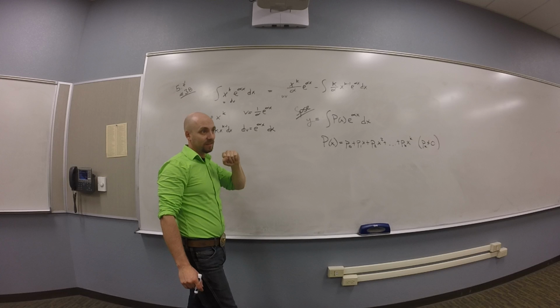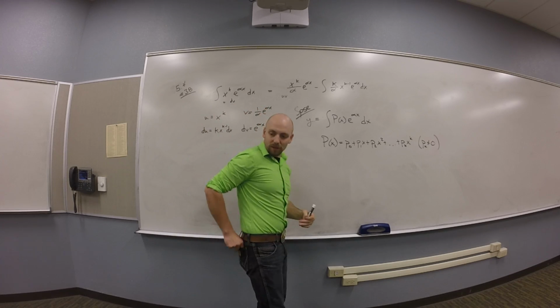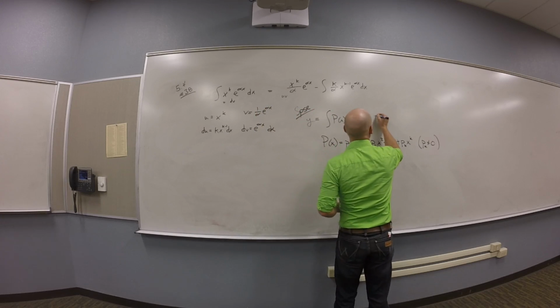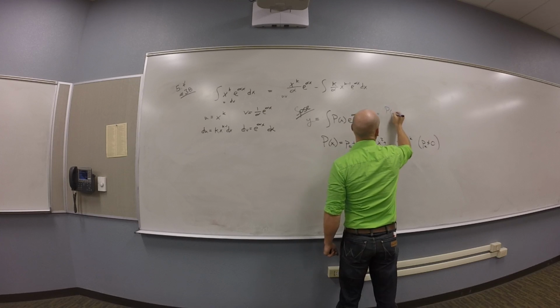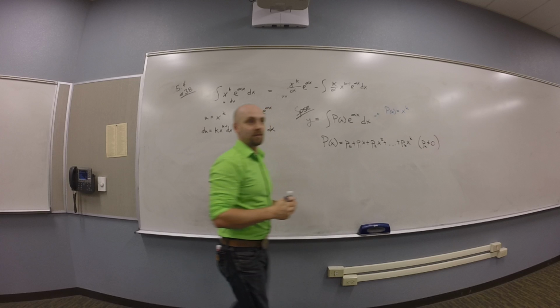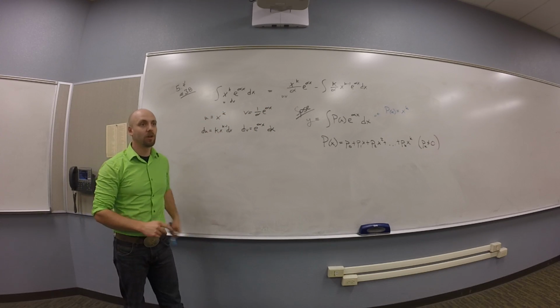You guys all see that? Okay, so in my motivating case here, really I'm looking at this thing and I'm thinking p of x is just x to the k. Like that would get my motivational case solved.